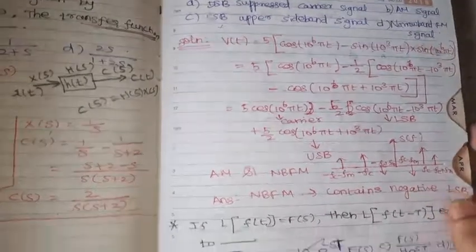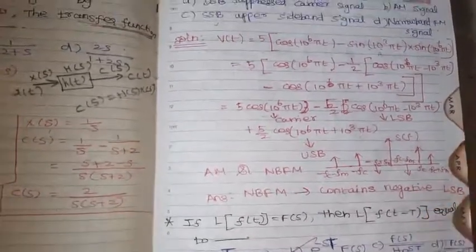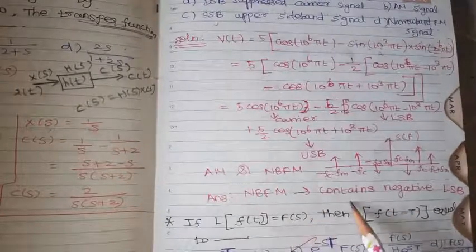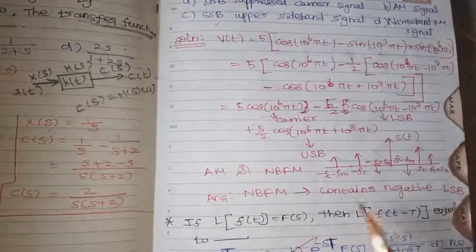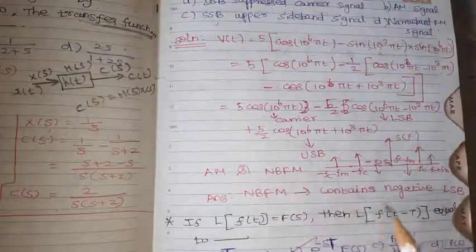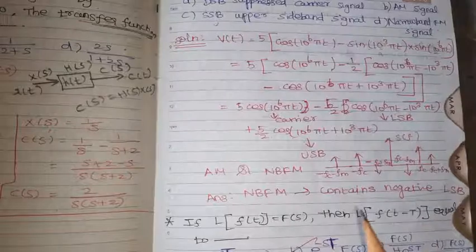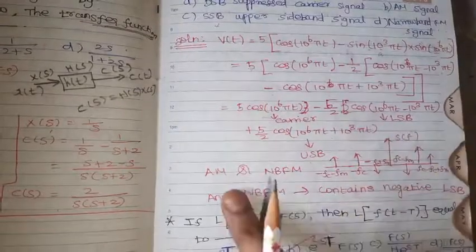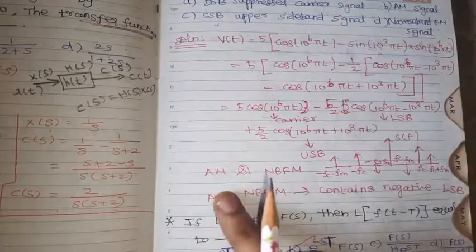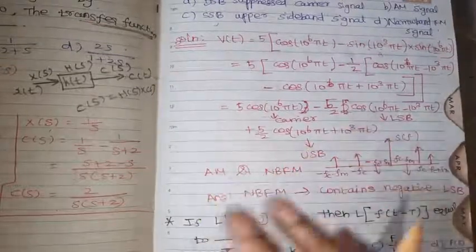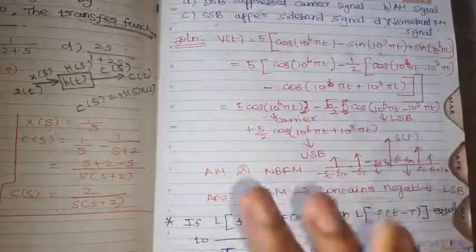Then how can we differentiate between those? What is the difference between AM and narrowband FM? See, narrowband FM contains a negative lower sideband. So this is important. AM and FM both have a carrier signal, upper sideband and lower sideband. Whereas the AM signal, the amplitude modulation signal, has a carrier, and the LSB and USB should both be positive.